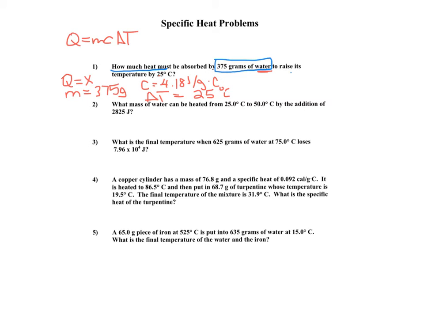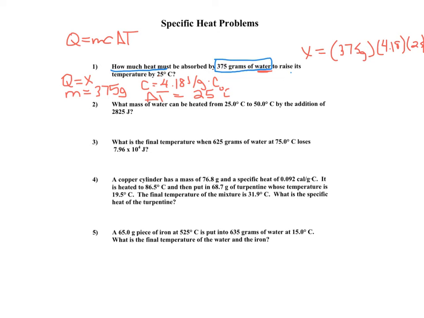We have X equal to our mass, which is 375 grams, times our specific heat for water, which is 4.18. I'm kind of cheating here because I'm not including my units, which you should. And then our delta T was 25.